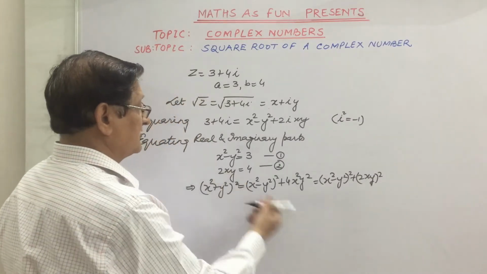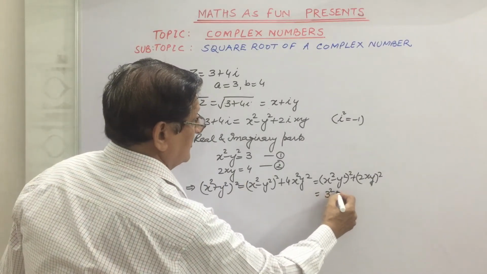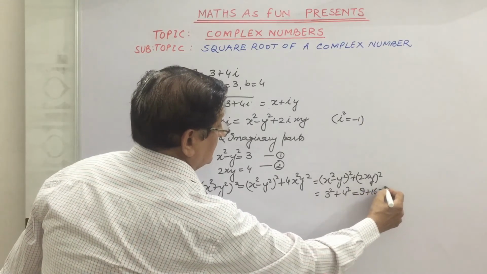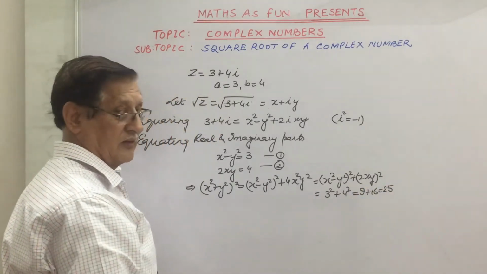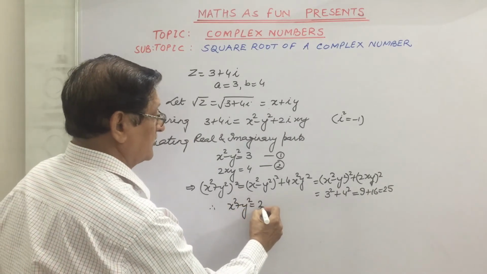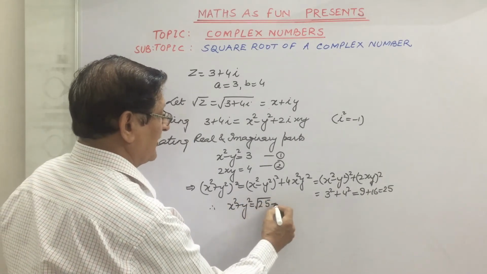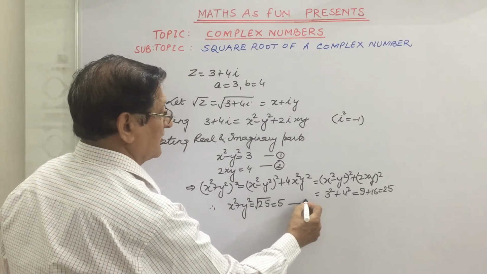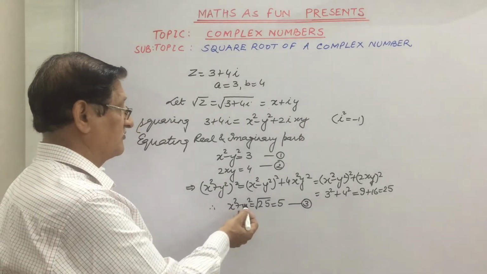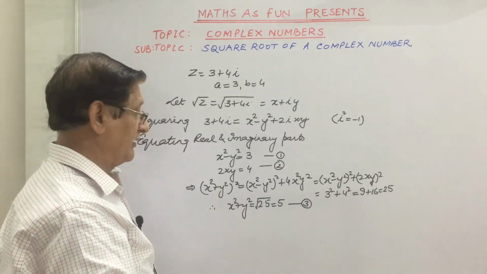And if we substitute these values, we are getting 3 square plus 4 square, that is 9 plus 16, is equal to 25. It means we get x square plus y square is equal to root of 25, that is 5. I told you that we take only the positive value because x square plus y square can never be negative.